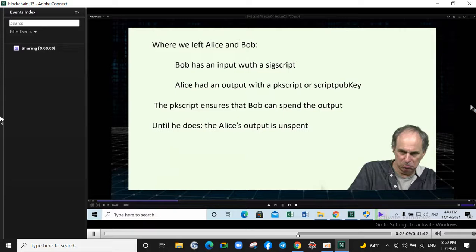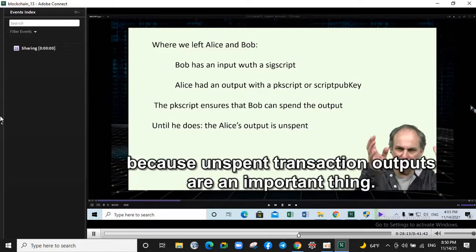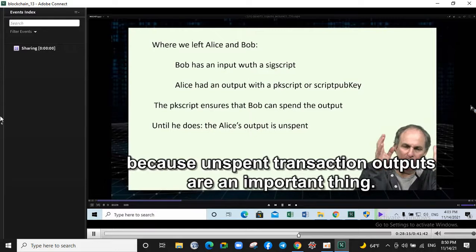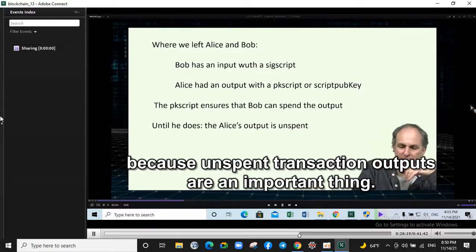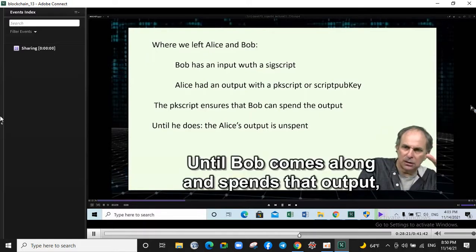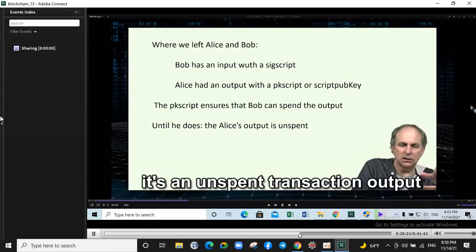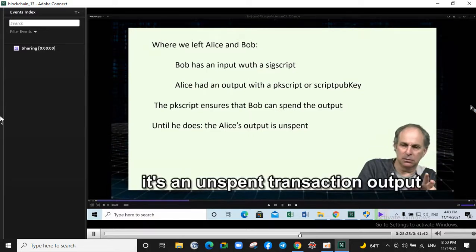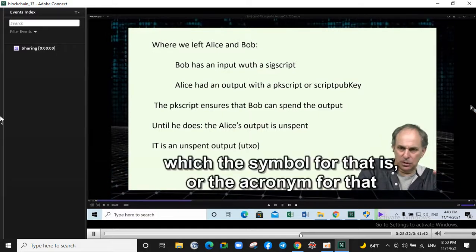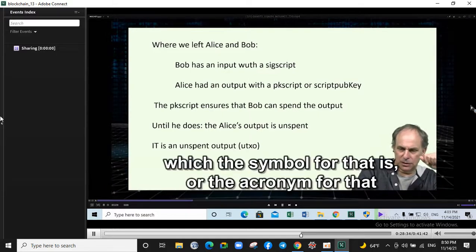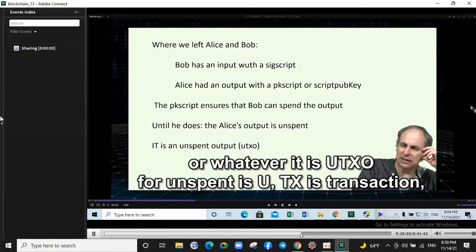It's kind of tautological, but it actually means something because unspent transaction outputs are an important thing. Until Bob comes along and spends that output, it's an unspent transaction output, which is the symbol for that, or the acronym for that, UTXO.